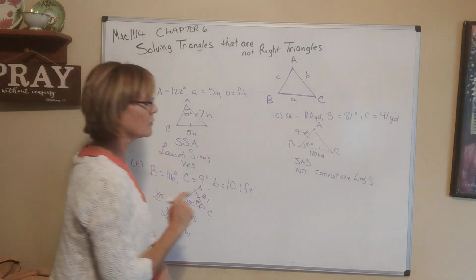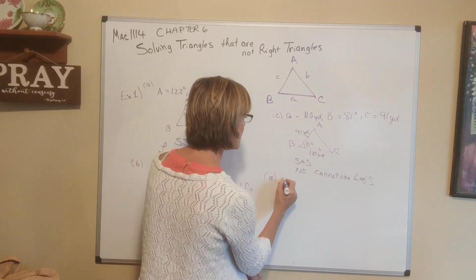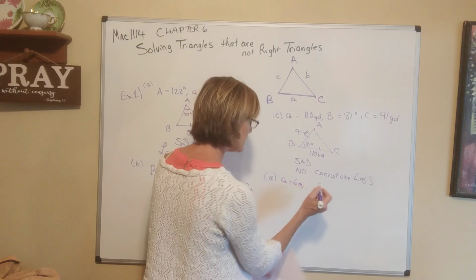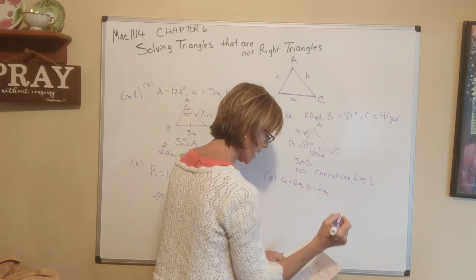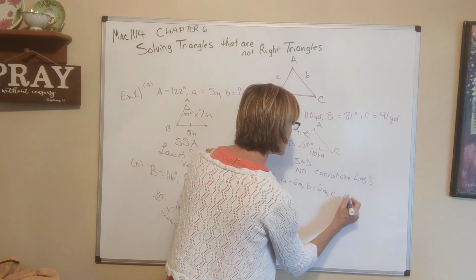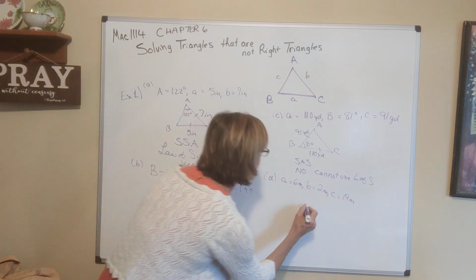So that's no. D, what did they give me? They gave me that little a is 6 meters, little b is 2 meters, and little c is 19 meters. Let's draw this guy.